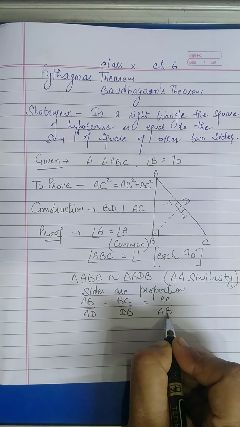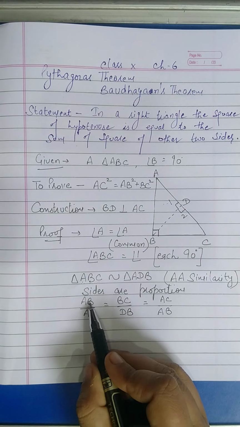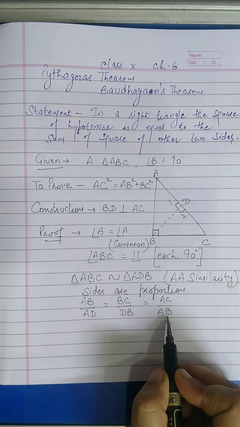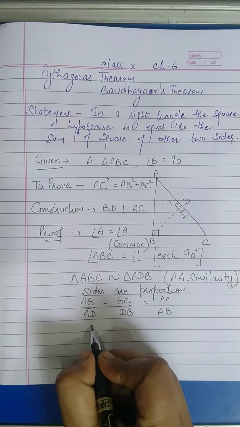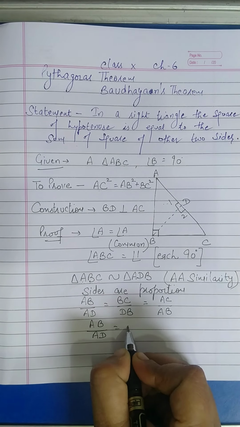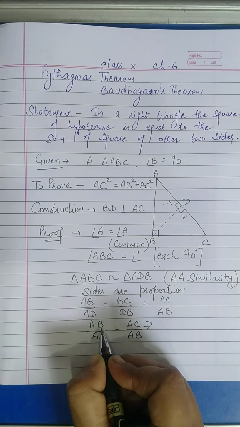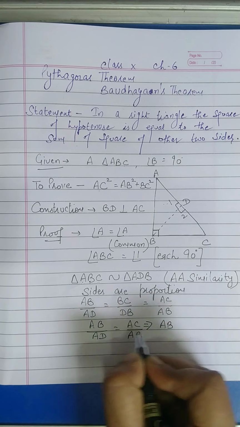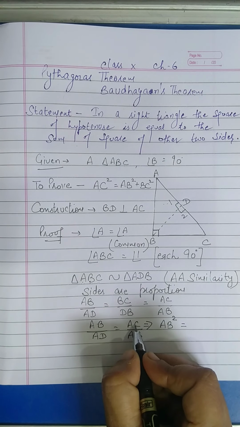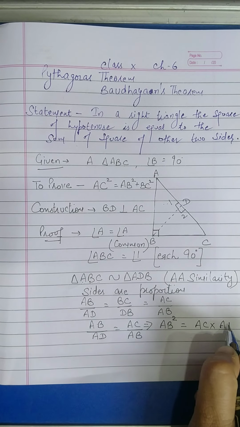The sides are proportionally equal. AB and AB both match. So you can take these two and you can leave this one. Do cross multiplication. AB multiply by AB, that is AB square, is equal to AC multiply by AD. This is our first equation.